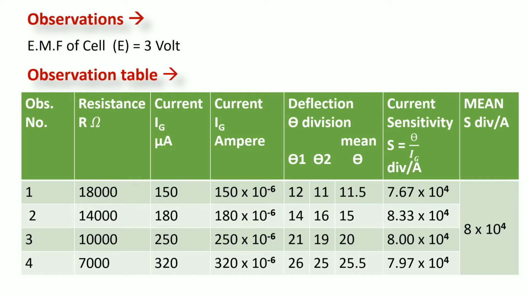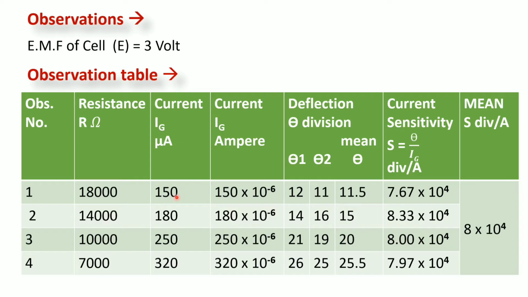Here you will observe that we have changed the resistance in the resistance box from 18,000 to 7,000, and for these 4 different resistances, we obtain 4 different currents in the galvanometer and 4 deflections of the coil. As the resistance reduces, the current through the galvanometer increases, and therefore the deflection also increases, as it is directly proportional to the current passing through the galvanometer.